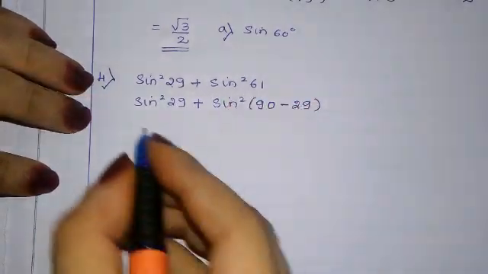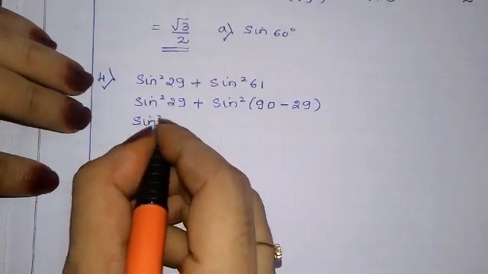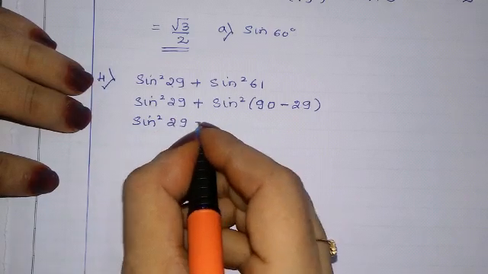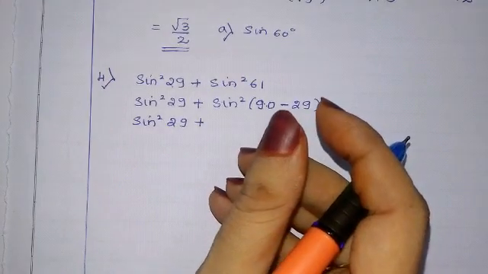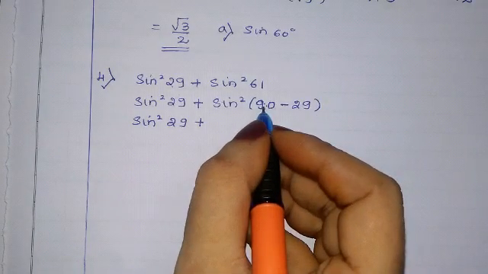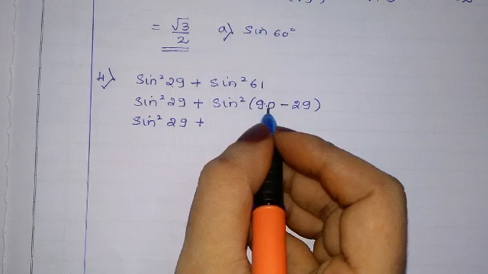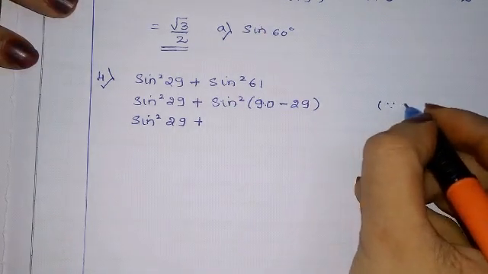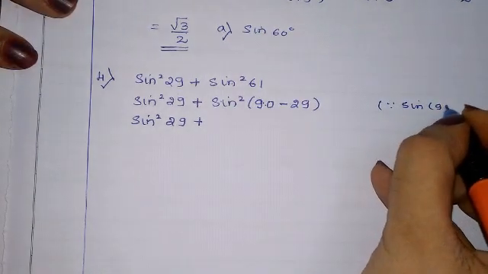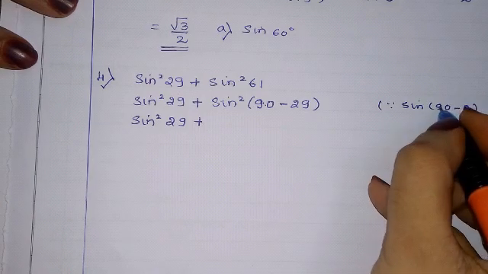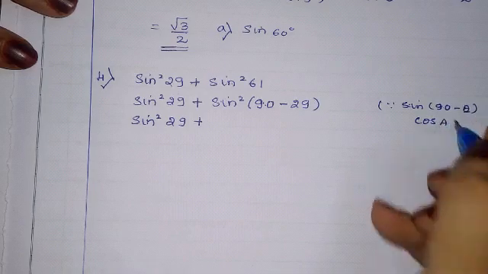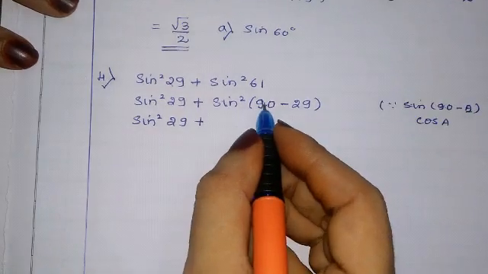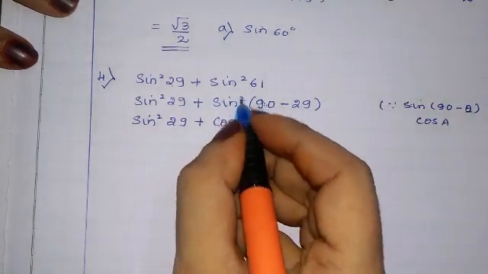Now sine square 29 will keep as it is. In the complementary angle formula, sine of 90 minus A becomes cos A. So sine of 90 minus 29 will be cos 29, and the square is there.